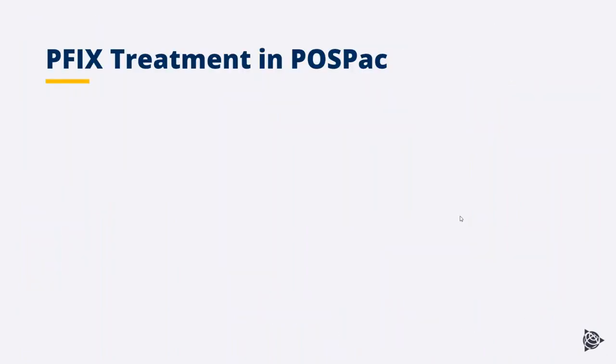A couple words about how we treat position fixes in postback. So basically, one pfix, one timestamp where we tell postback that the trajectory should go there, is treated with the same weight as one GNSS solution.